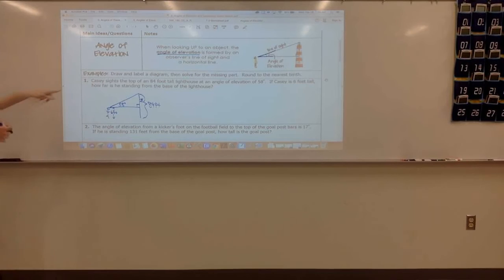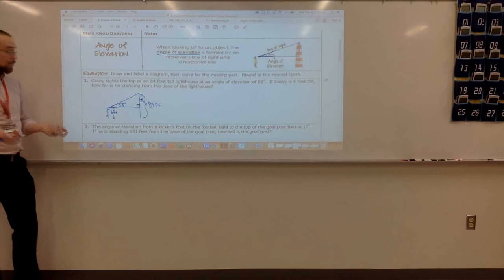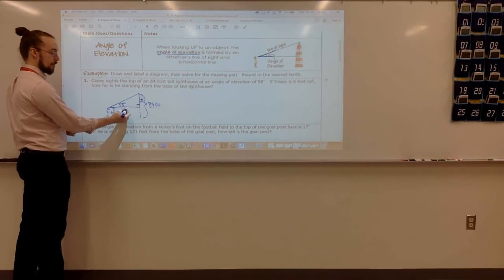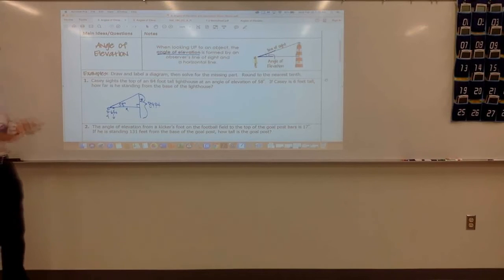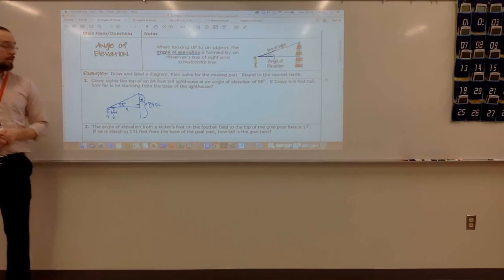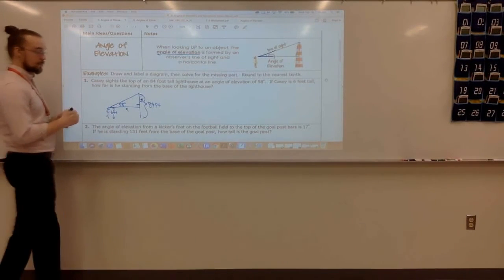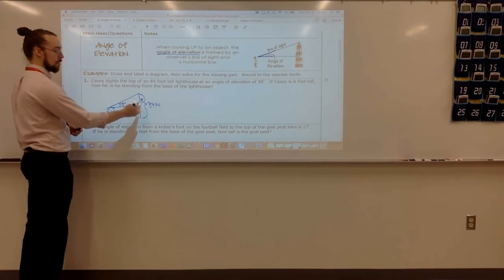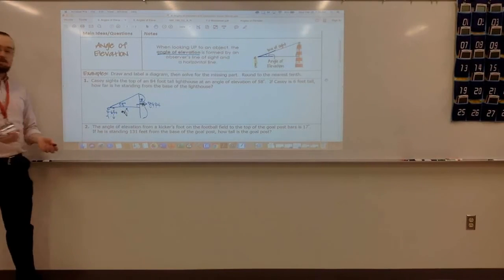Now, what we want to solve for is how far Casey is standing from the base of the lighthouse. So looking at this right triangle, that's going to be this side right here. So that's my x, and that's what I want to find. So once we have this set up, this is just like what we've been solving. The only new part is drawing the picture and figuring out what we have to solve for. So now, with respect to this angle, the two sides that I have information on are the opposite side and the adjacent side.